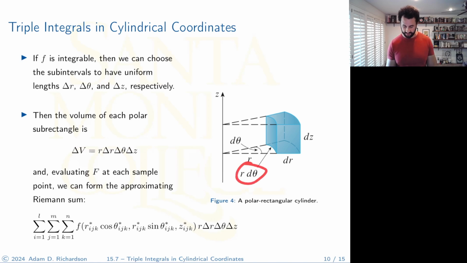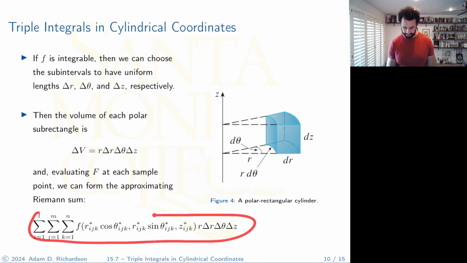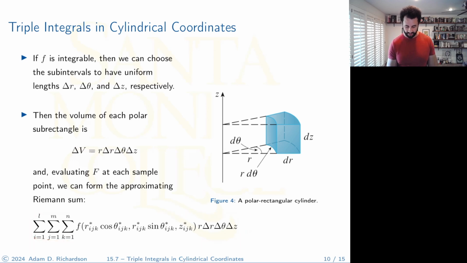You can kind of see it here, even though this picture is using the differentials. R d theta, it's like r delta theta. That's what's happening there. Then if we evaluate f at each one of these sample points, we can form this approximating Riemann sum. Remember, it'll be equal to little f because capital F is 0 when you are not on the region.